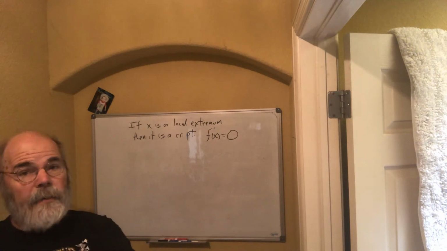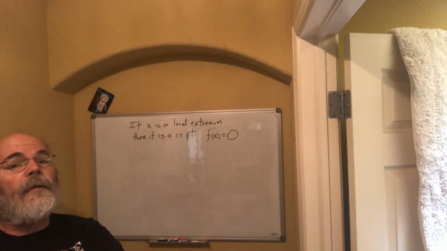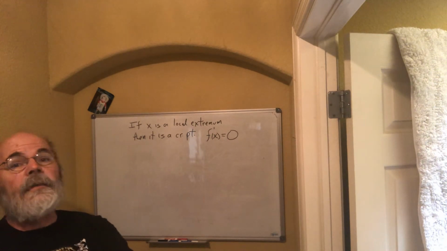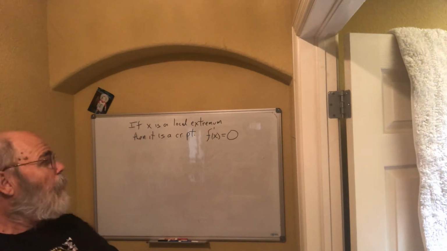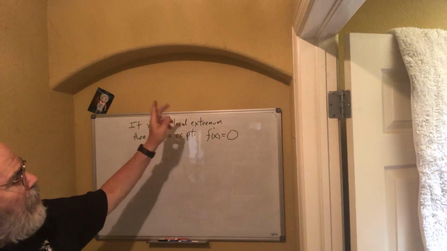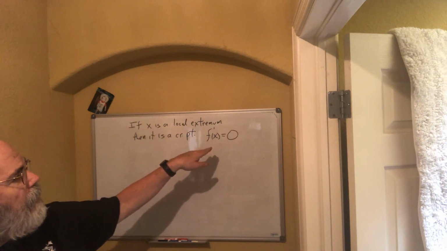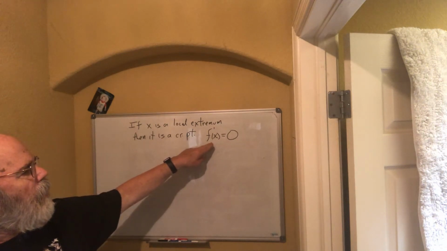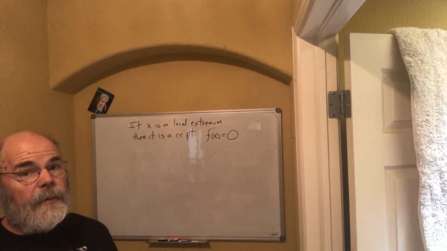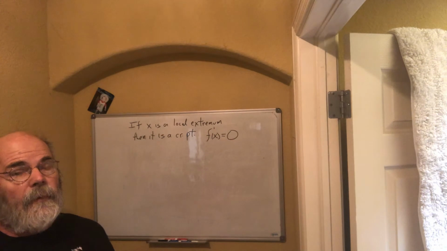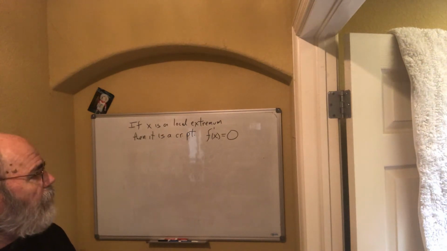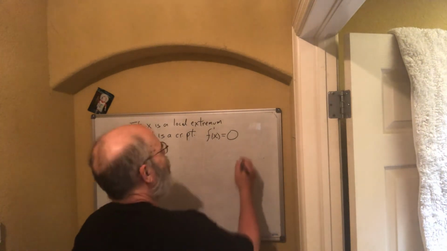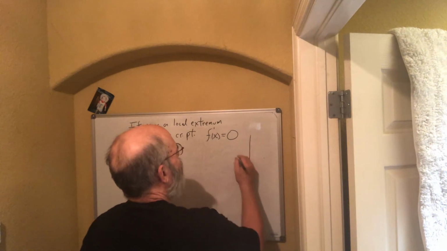Now, I'll mention in passing here, without spending too much time on it, that the converse is not true, right? So if it's an extremum, then it must be a critical point. But just knowing it's a critical point doesn't mean it's necessarily an extremum. All right? And I guess I will give a quick example of this, right?